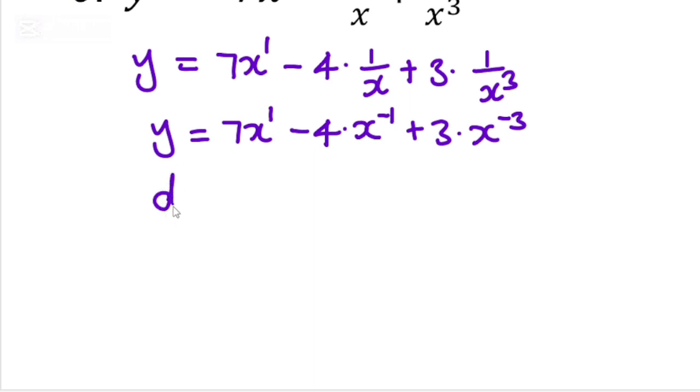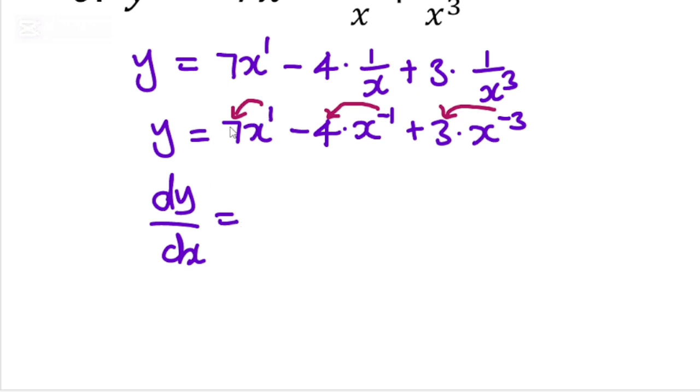So we're going to have dy over dx is equal to, this power is going to multiply by the coefficient of x, and so on for each term.